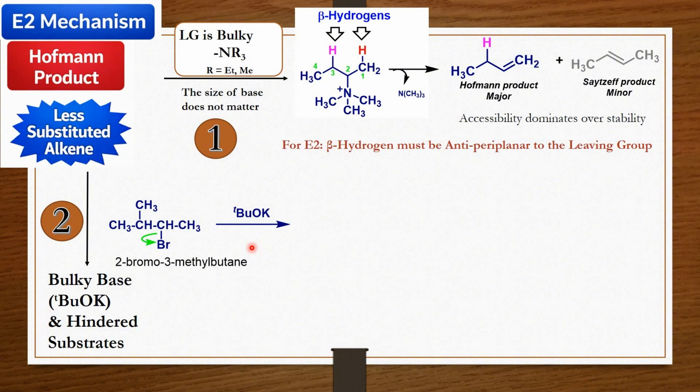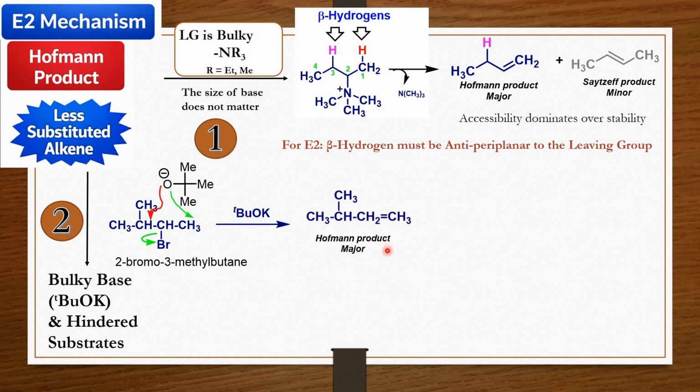Potassium tertiary butoxide is a highly hindered base, and when it tries to abstract the proton from this beta hydrogen, which is sterically hindered, there is a problem, because this substrate itself is sterically crowded and this base is also sterically hindered. But this hydrogen, which is on the primary carbon, is easily accessible.